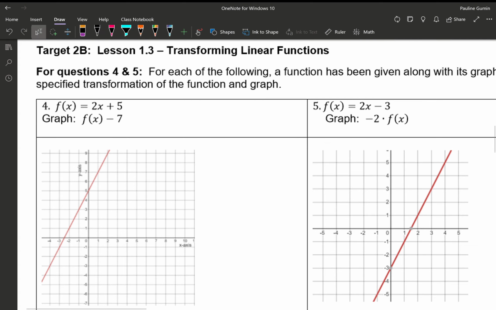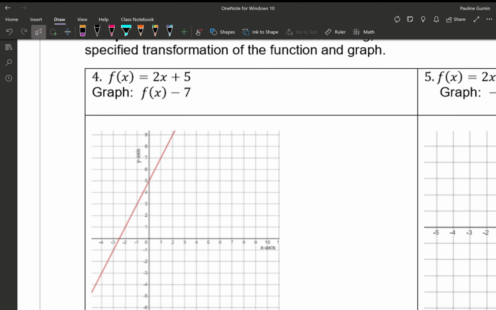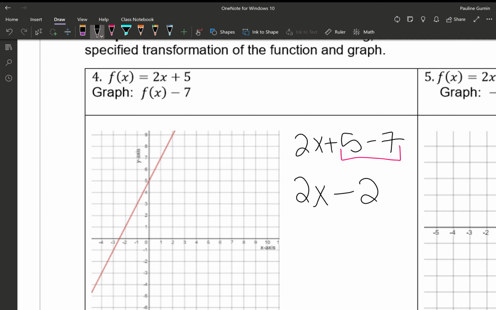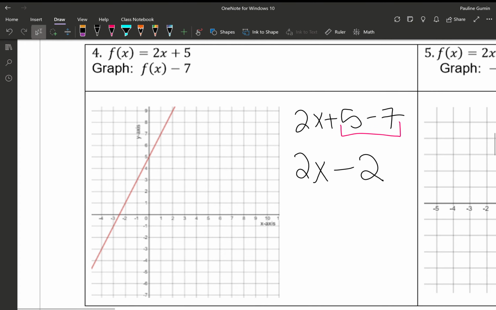For number 4 and 5, what we're going to do is transform the graphs that we're given. Now, number 4, we're given the graph 2x plus 5. We want a graph f of x, which is 2x plus 5, minus 7. Now, I've got to combine a couple of like terms here, and that's that 5 minus 7, and I get 2x minus 2. So, the negative 2 is where we're going to be starting, the minus 2.